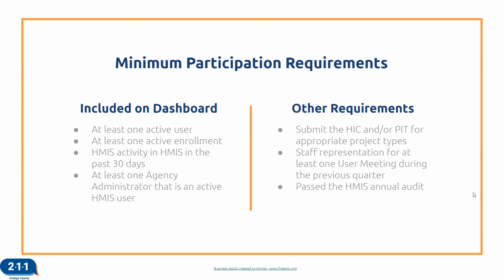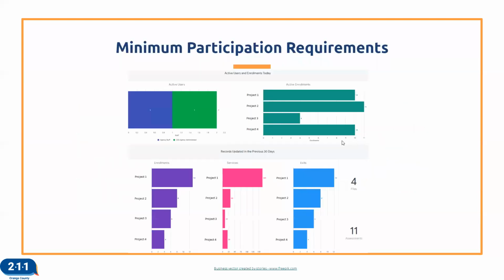Like I mentioned, we are going to be completing a review of these items on a quarterly basis. For the 4 items on the left side of your screen, we do have dashboards that are available in HMIS now for you to review. This is a sample of what that will look like.